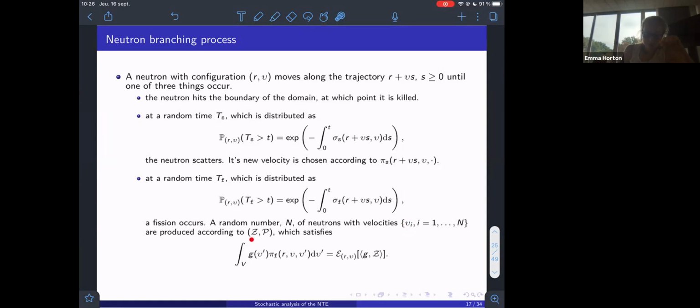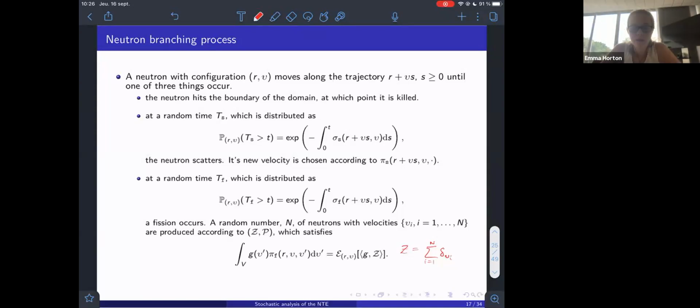We let the point process Z describe this new configuration of neutrons at a fission event. So if you like, Z is given by the sum of Diracs at each of these velocities v_i.